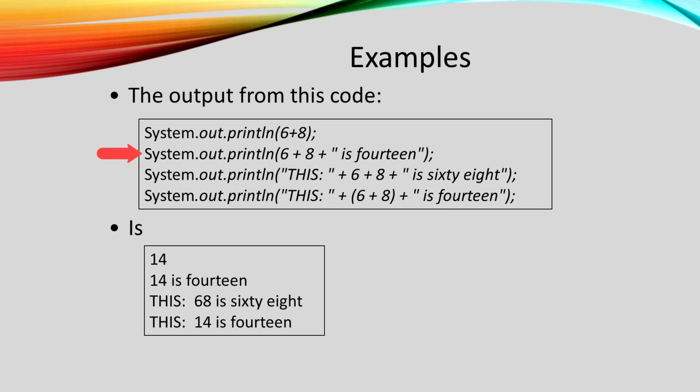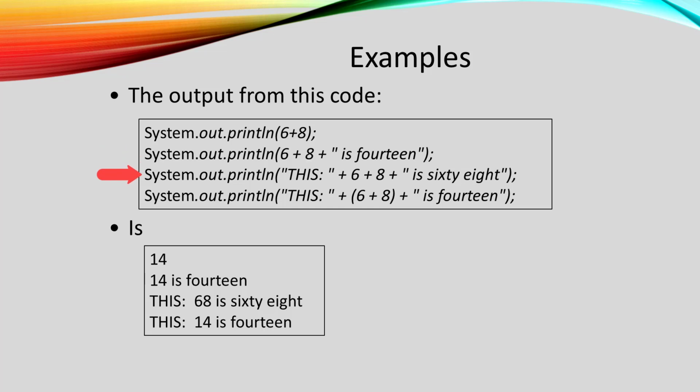So the first one that we do is a plus sign between 6 and 8, and again, that's going to be addition and give us the number 14. The second plus sign is going to have one operand that is that number 14, and another operand that is the string " is 14". Because one of the operands is not a number, that second plus sign is going to be concatenation, and the result is going to be the number 14 concatenated with " is 14".